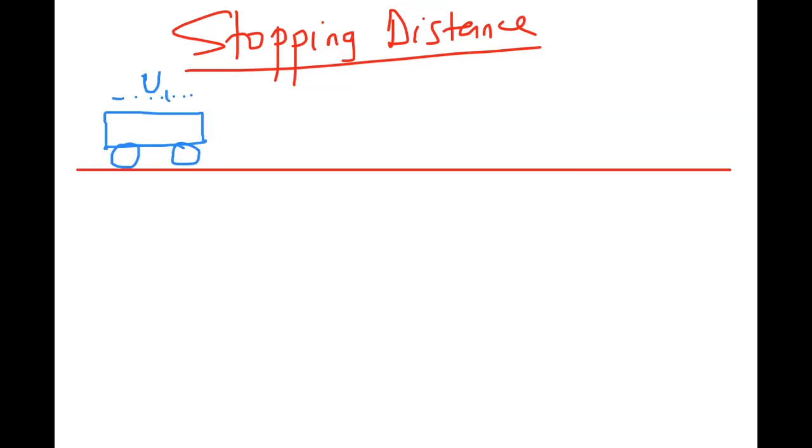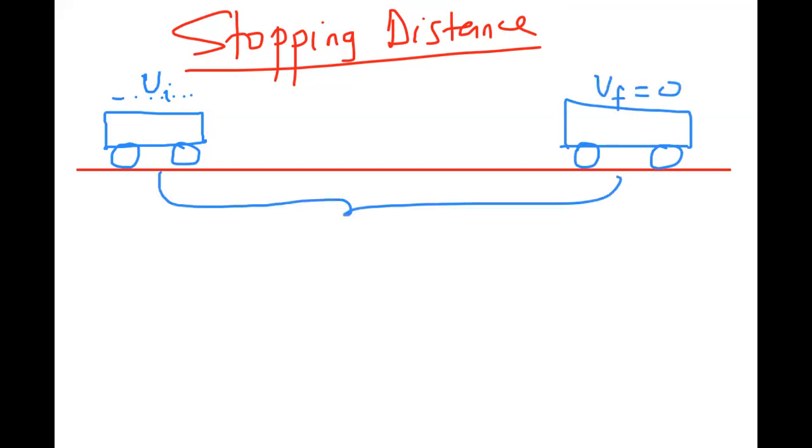I start from V initial, and then I end up stopping, V final is 0. Now there is a distance here that's called the stopping distance.